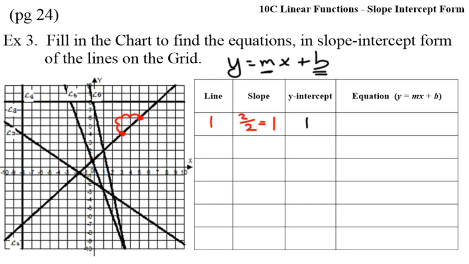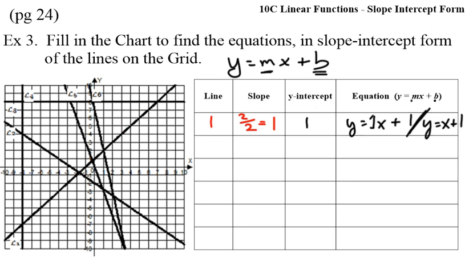Well, now I can create my equation. Because my equation says y equals m, which we know is 1, x, plus the intercept, which is a +1. So y equals x plus 1. No need for this 1 out front. That's all we want to do is figure out our slopes and our intercepts.